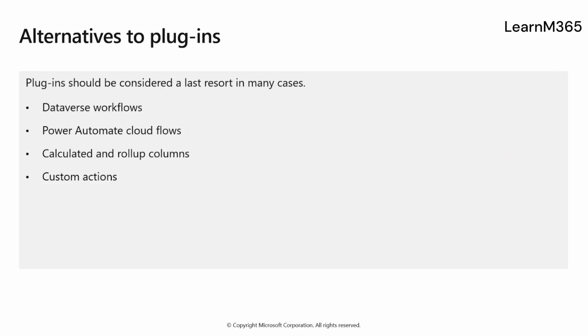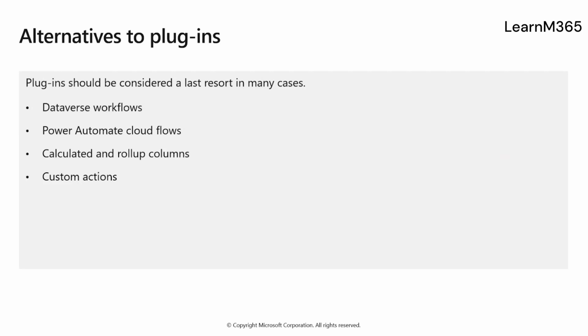Although plugins are powerful and, if well written, highly performant, it is important to minimize the amount of custom imperative logic that you place in your system, because it can affect maintainability, because if you create something, you have to maintain it. Updatability also, and there are other factors as well.